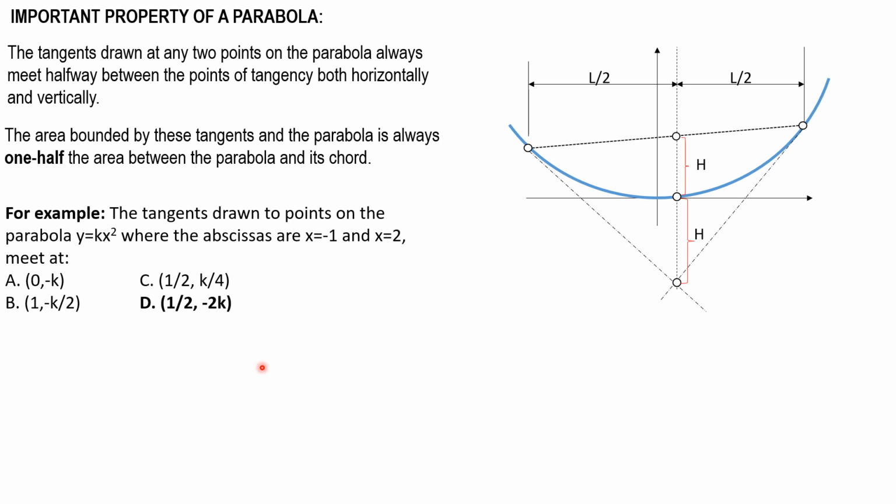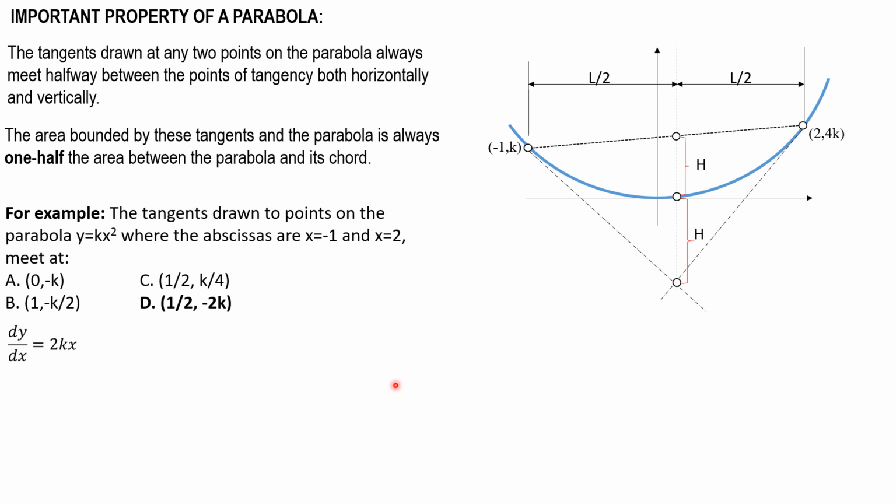So first, because x is -1, y is k times -1 squared, so that would be at -1 comma k. When x is 2, y is k times 2 squared, so 4k. This is at 2 comma 4k.